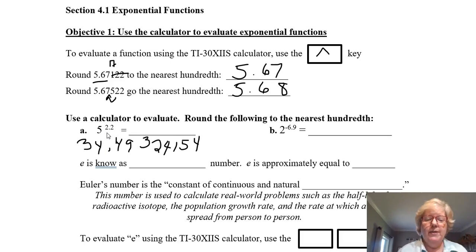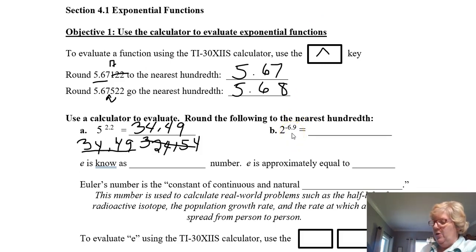Now I need to round this to the nearest hundredth, so I go 2 places behind the decimal and there's a 3, so I drop that off. So my answer is 34 and 49 hundredths.